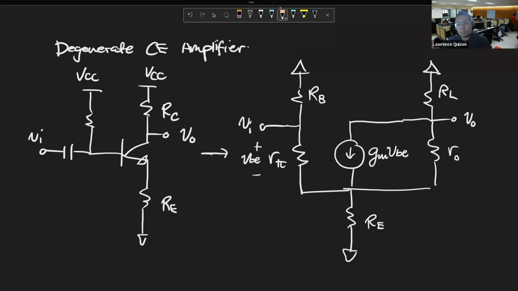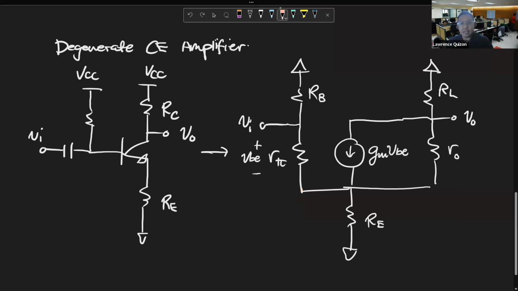The problem is, this is no longer grounded. Previously it was grounded, for the previous session. But now we have an intermediate voltage signal VE. That's a problem with this circuit, it complicates our calculations.